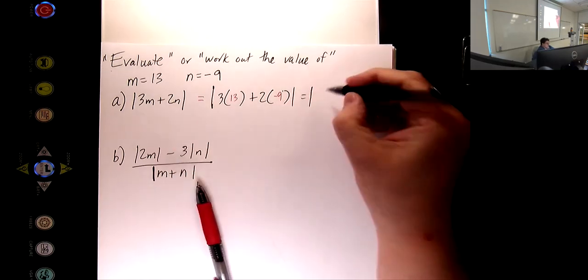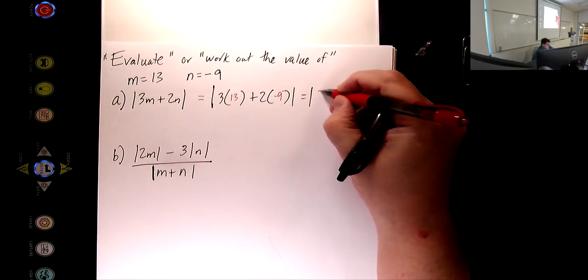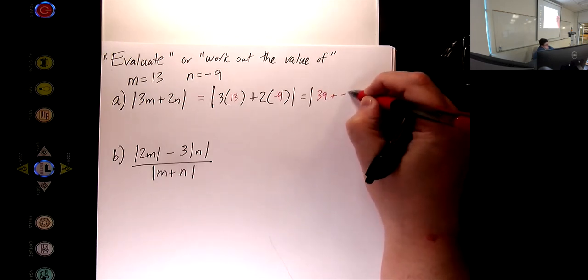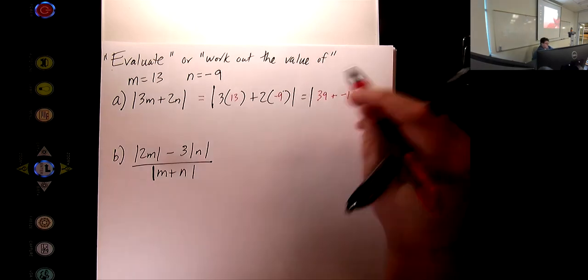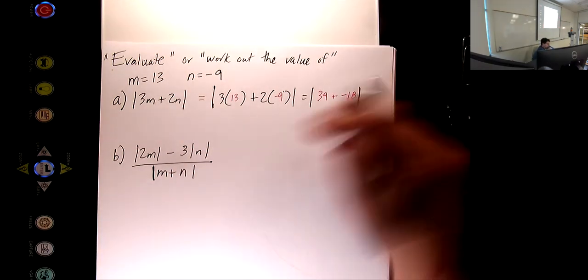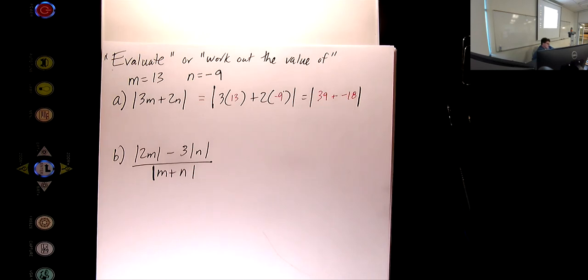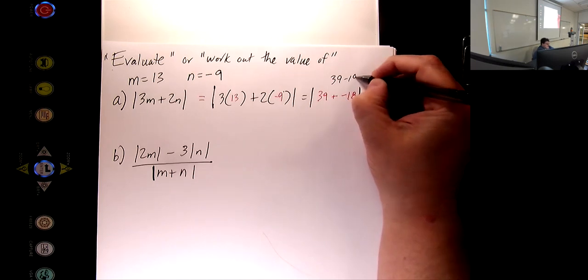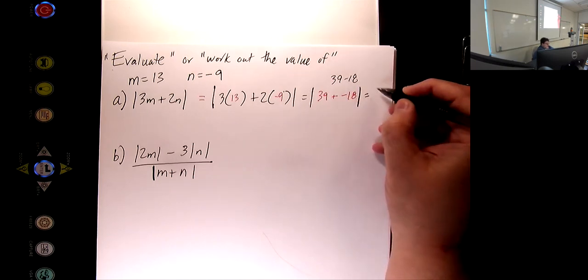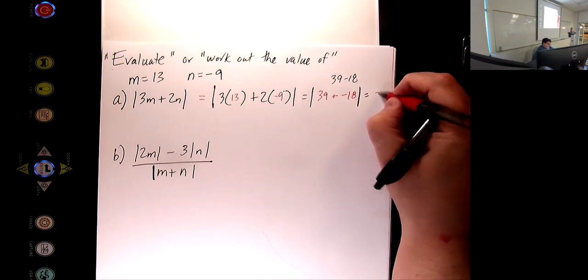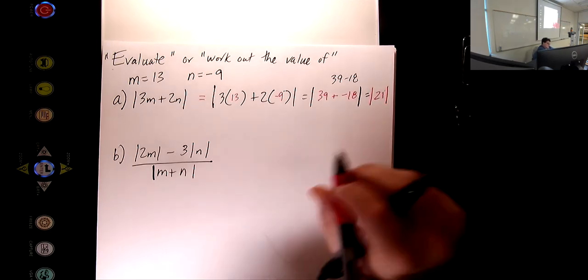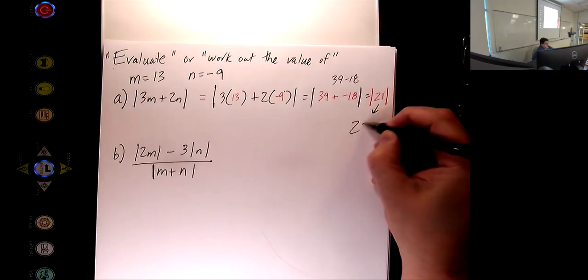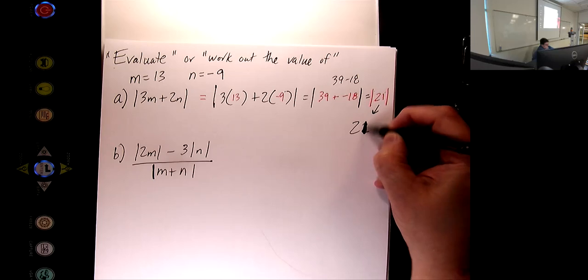So I got 3 times 13 is 39, plus 2 times -9 is -18. And 39 plus -18 is the same thing as 39 minus 18, and that's just 21 inside the absolute value signs. The absolute value signs are no longer needed. 21 is already positive, so this is 21.